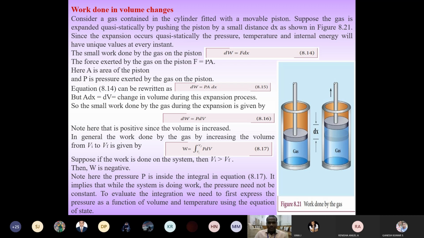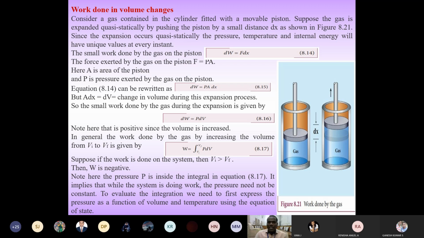But we know A into dx, the cross-sectional area into the change in distance, is the increase in volume. That can be written as dV, the change in volume. So we can write A dx as dV, the change in volume during this expansion process.